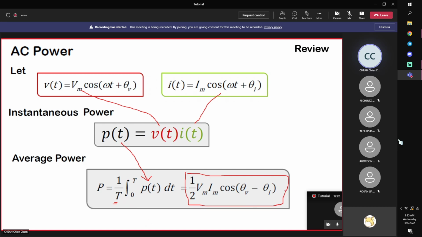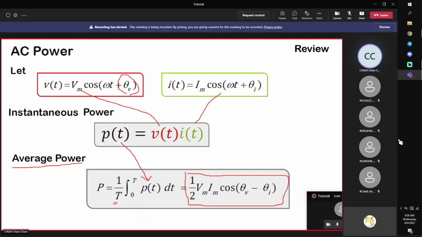In circuit analysis, most of the time you need to read the derivations of some of the formulas, knowing that this has been shown, and after that, we will use it. Here, it says that the average power, which is the power over a period, is equal to half Vm Im cosine of theta v minus theta i.